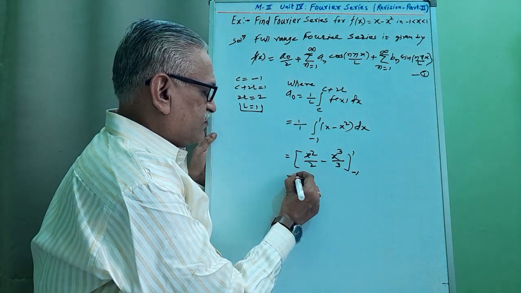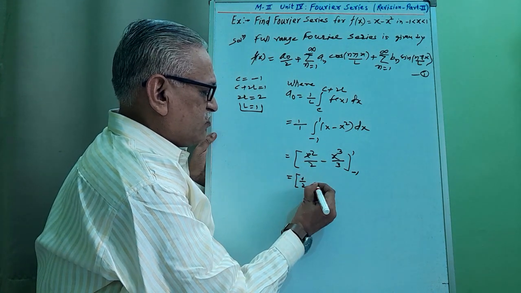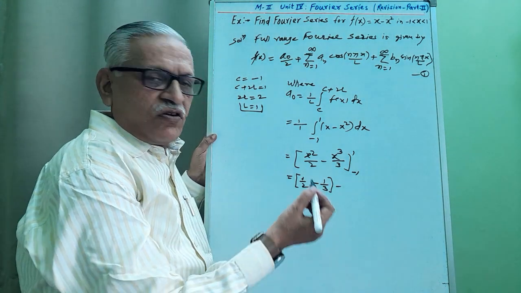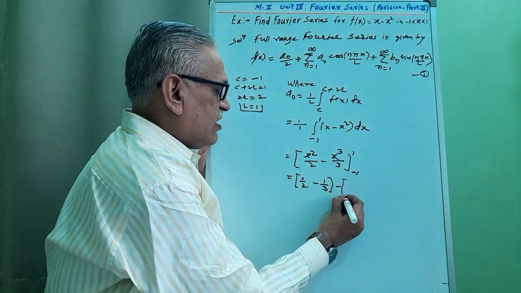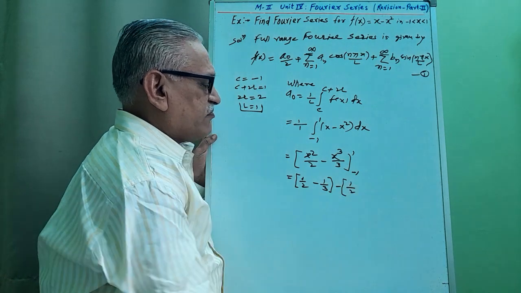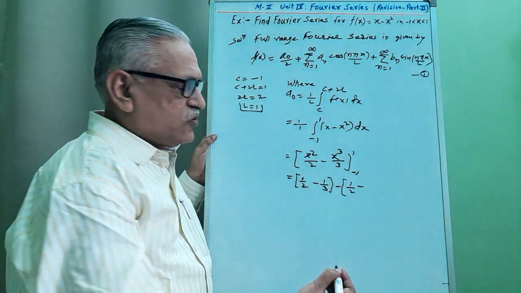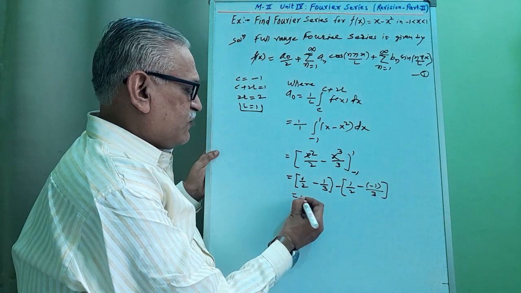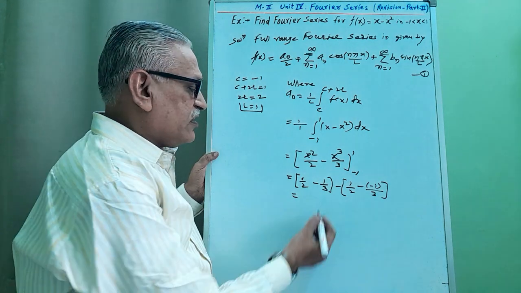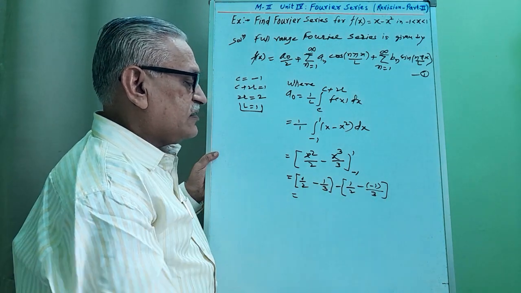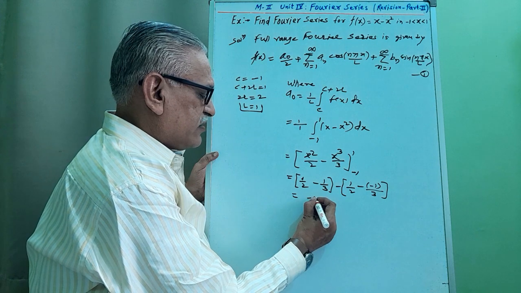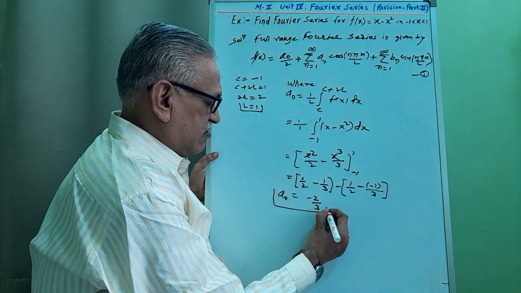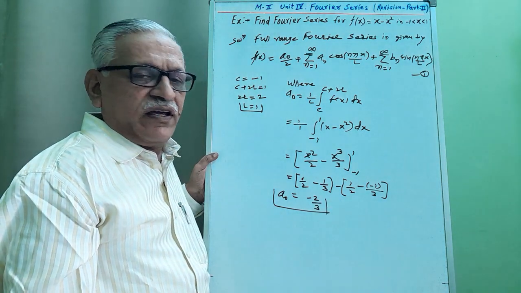Subtracting the lower limit from the upper limit, for upper limit we get 1 by 2 minus 1 by 3, and minus for lower limit: minus 1 square is 1, and minus 1 cube is minus 1 by 3, so 1 by 2 minus 1 by 2 get cancelled. We get minus 1 by 3 and again minus 1 by 3. That sum is minus 2 by 3. This is the value of A0.